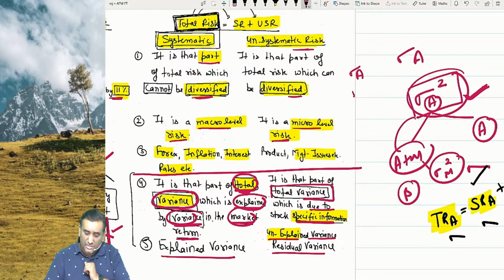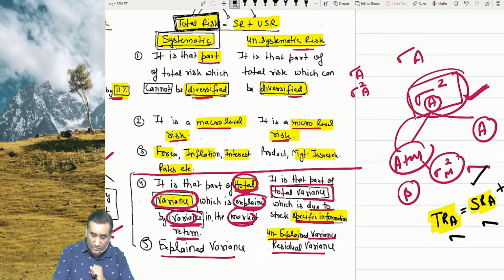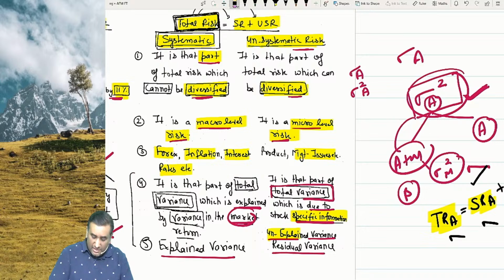If I calculate the standard deviation square of A, which you can easily do because you know how to calculate standard deviation, it means the total variance of that particular security. This total variance is explained by variance in the market return.